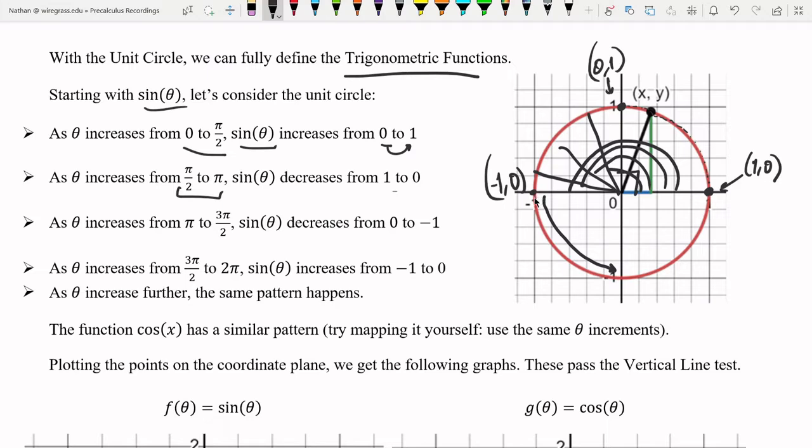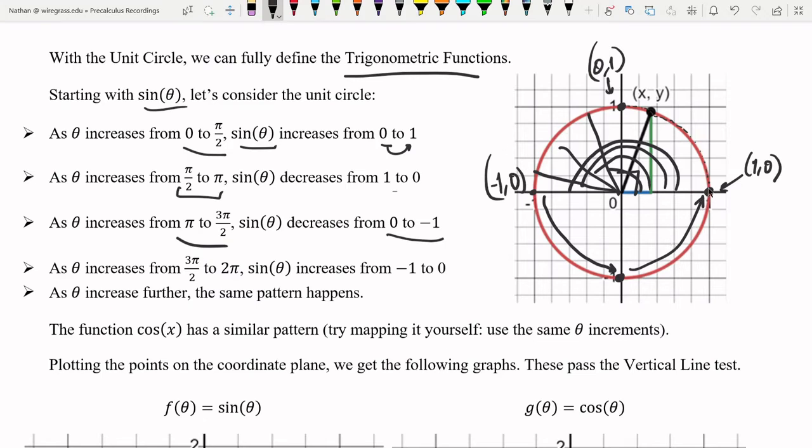The y coordinate goes from 0 to -1, so from pi to 3 pi over 2, we go from 0 to -1. That's this third quadrant. Then from 3 pi over 2 to 2 pi, we go from -1 to 0. That's how we can move around with sine.